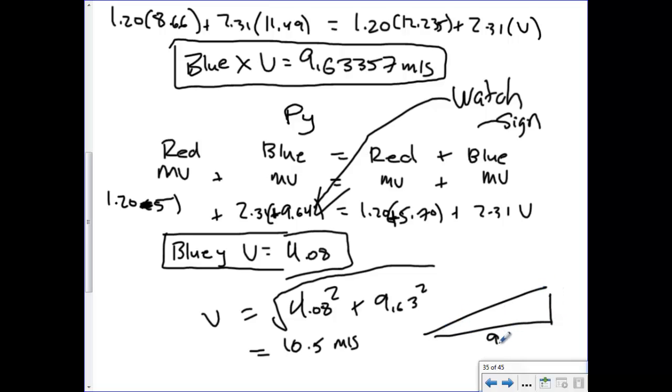And then now this thing's actually going to be going up because this is 9.6 and this is 4.0. So inverse tan. About 23 degrees.